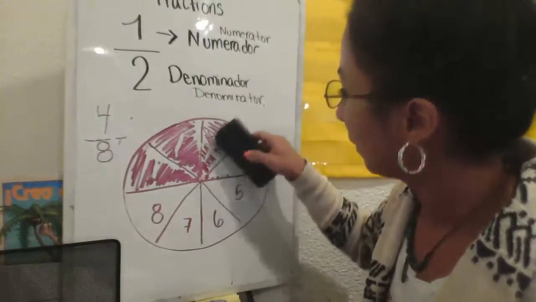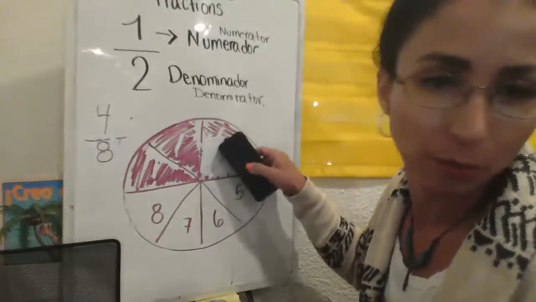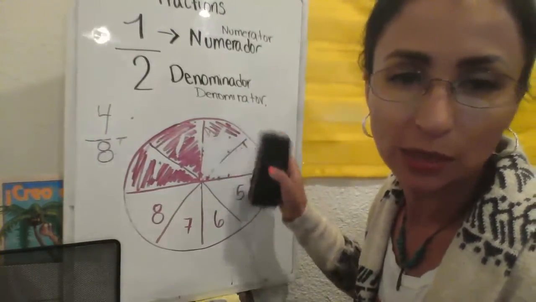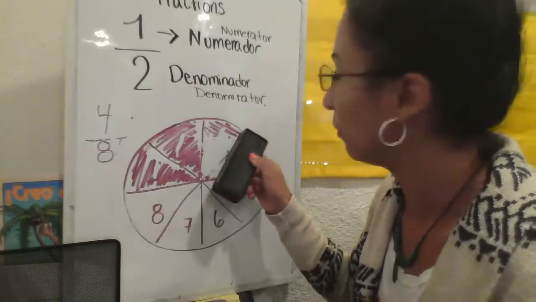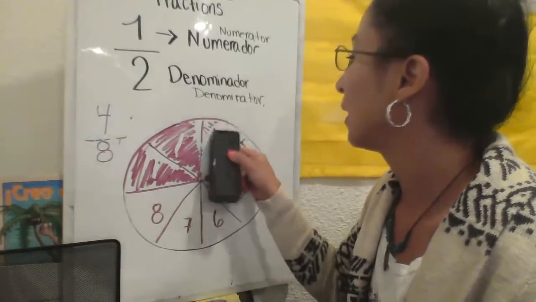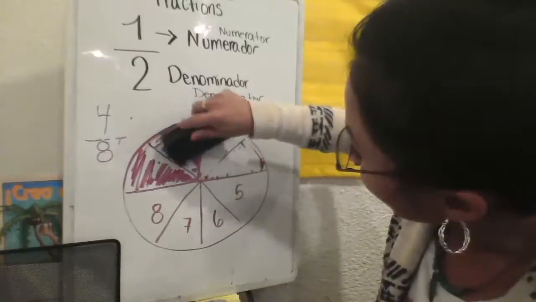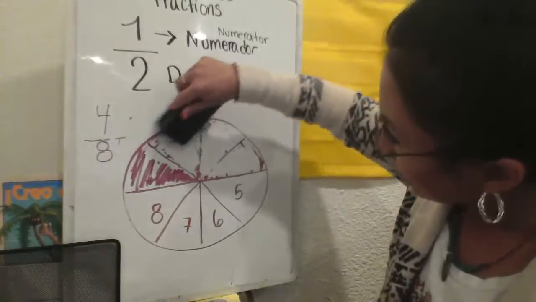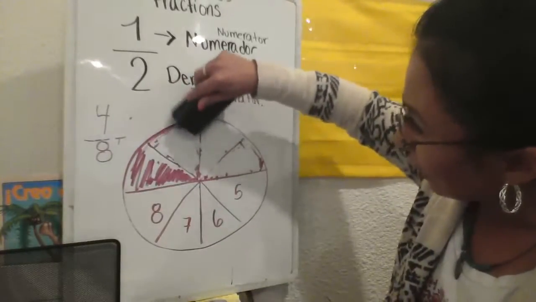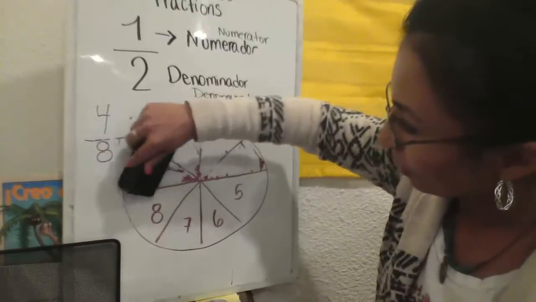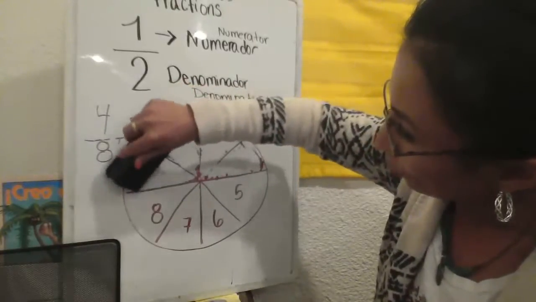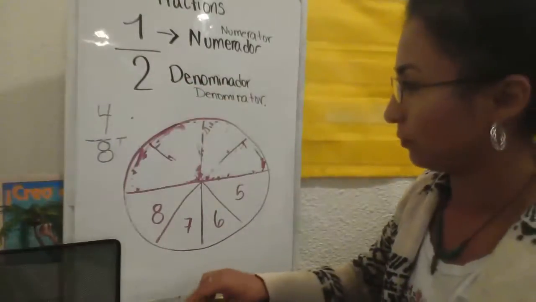Okay. A ver, chicos, entonces vamos a regresar. Let's go back. I'm going to back up and I'm going to pretend that the pizza is back to being whole again. Me voy a imaginar que la pizza regresó a su estado normal y que nadie se la comió. Miren, nadie se la ha comido.